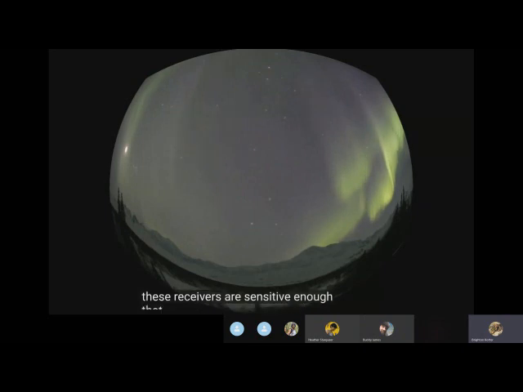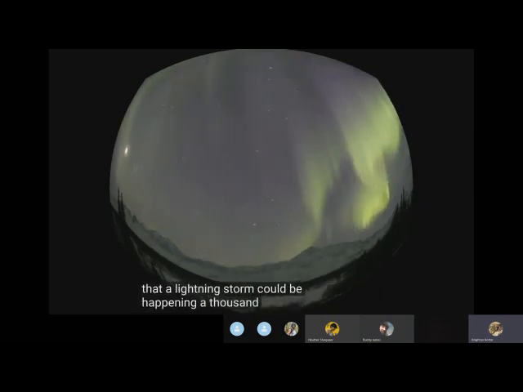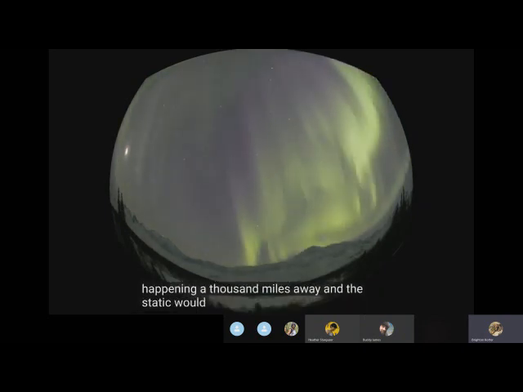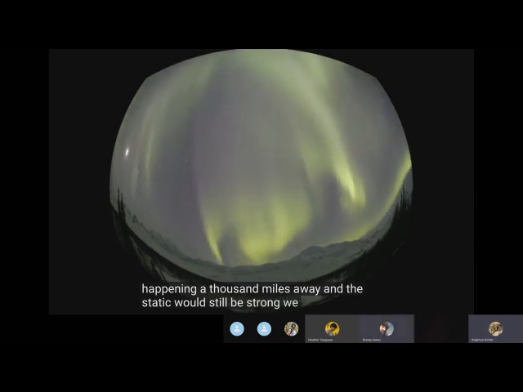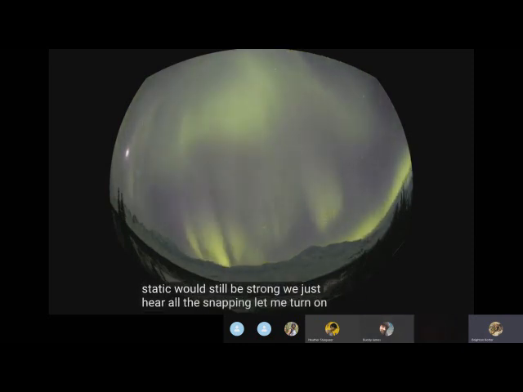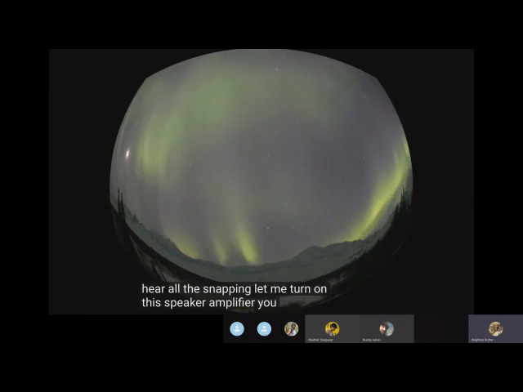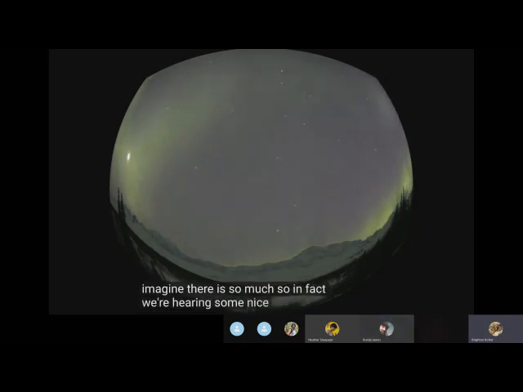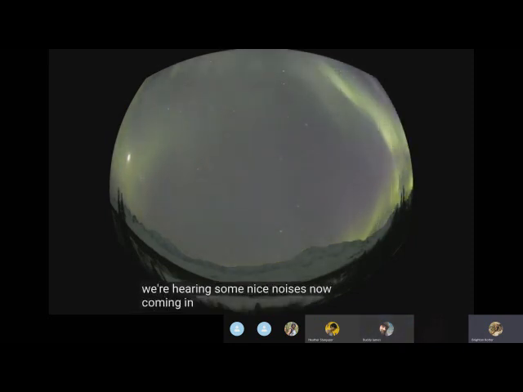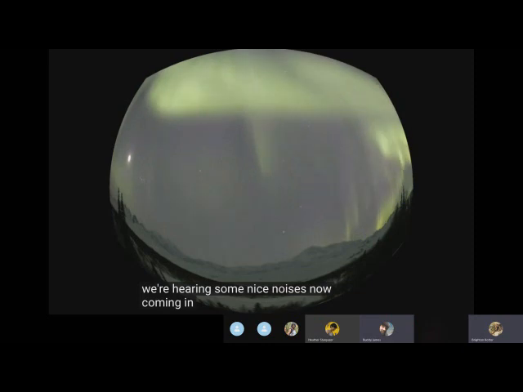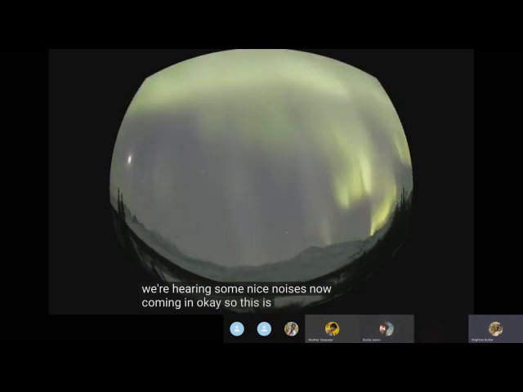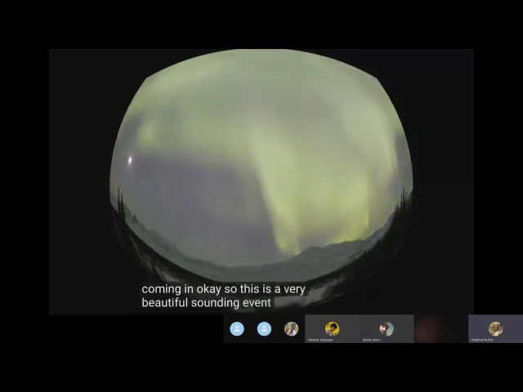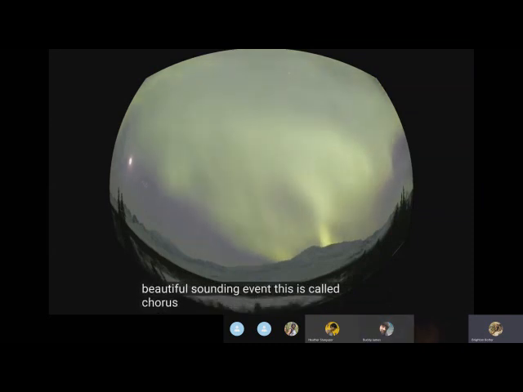These receivers are sensitive enough that a lightning storm could be happening 1,000 miles away and the static would still be strong. You can just hear all the snapping. Let me turn on this speaker amplifier. You can just imagine there is so much. Oh, in fact, we're hearing some nice noises now coming in. Okay, this is a very beautiful sounding event. This is called chorus.